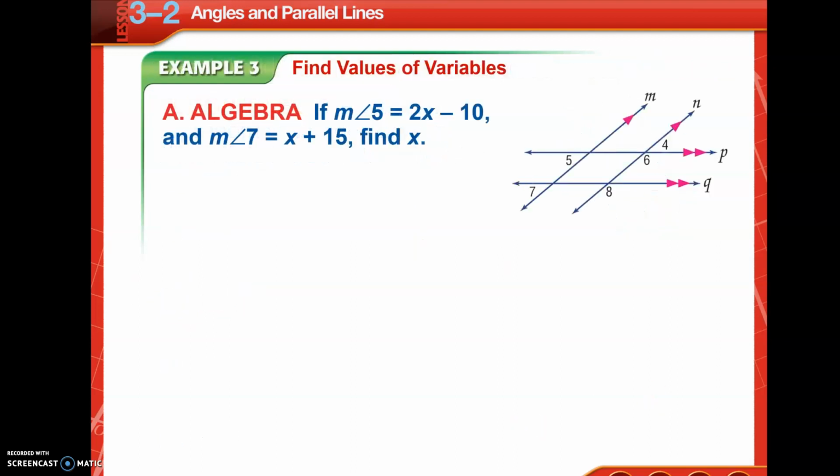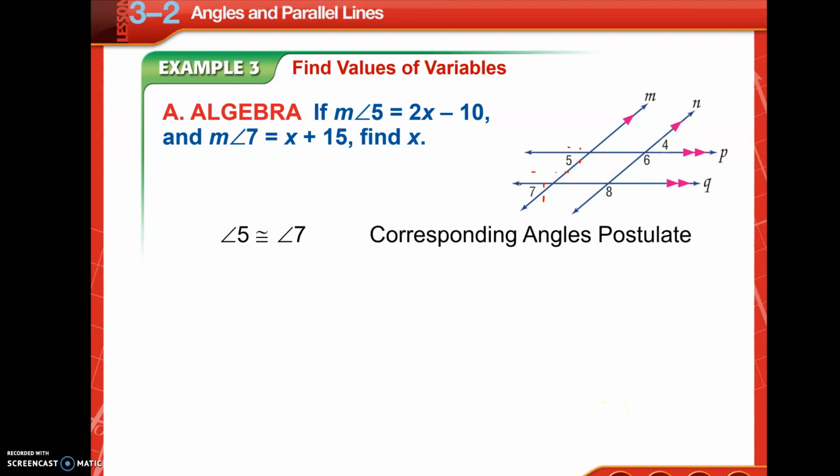And so once I know the relationships, whether they're equal or add to be 180, then I can write my equations. So angle 5 here is 2x minus 10, and angle 7 is x plus 15. So what you're going to first look at is what type of pair is 5 and 7. Those are corresponding. What we know about corresponding angles is that they're congruent. If they're congruent, then they're equal.